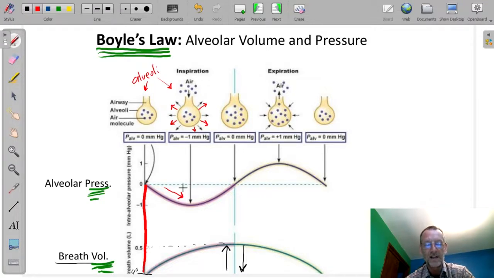And we are increasing, air is moving in, and the volume is going up. When we have fully inspired and we're at the maximum volume that we're going to be at, right here, there's our maximum volume, 500 mils.